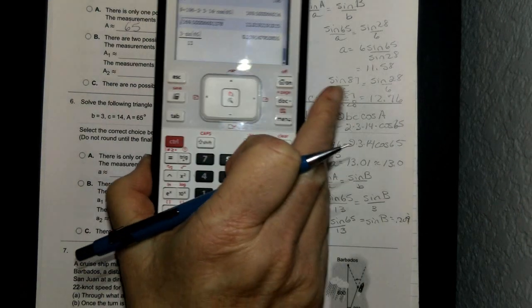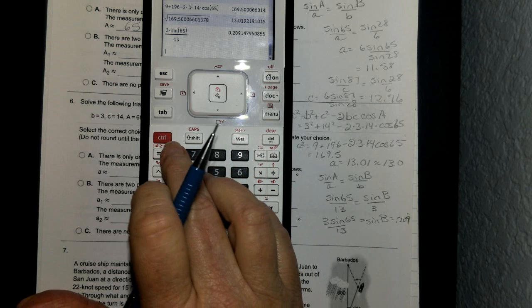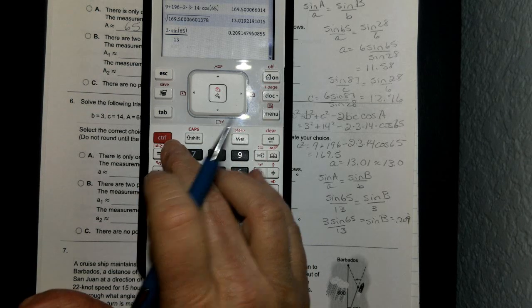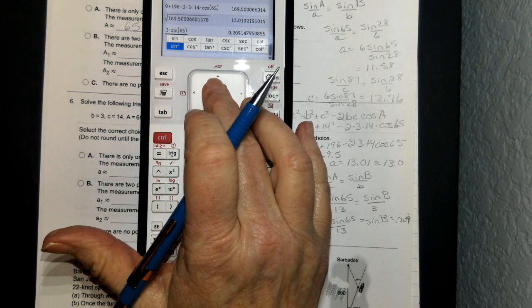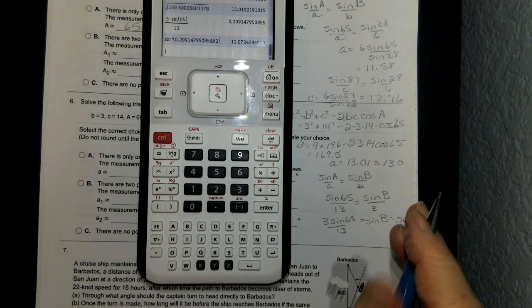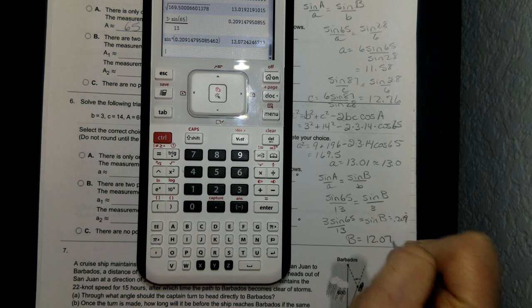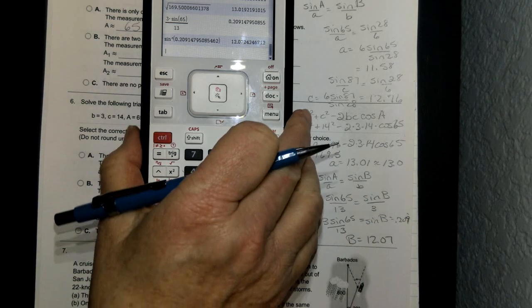But we're not really writing that down. We want to get this into the calculator, so we'll take the inverse sine of that answer. So it's second function sine inverse of the answer. And we get an angle B equals 12.07 or 12.1.